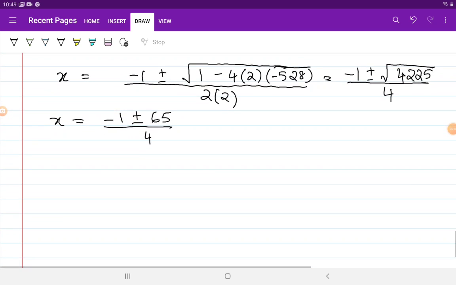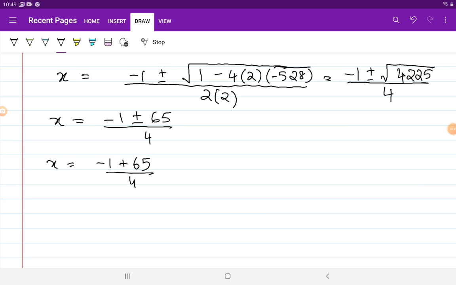So your value of x is equal to minus 1 plus 65 by 4, or the second root is minus 1 minus 65 by 4.